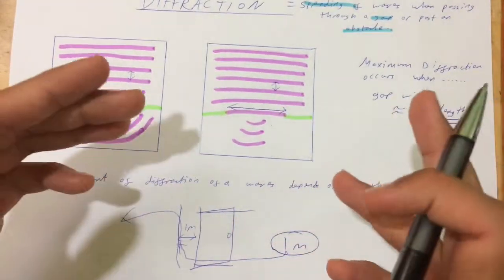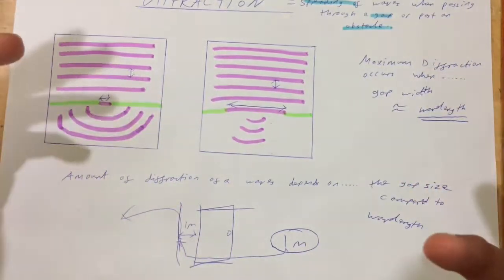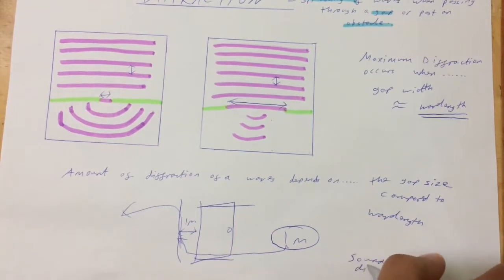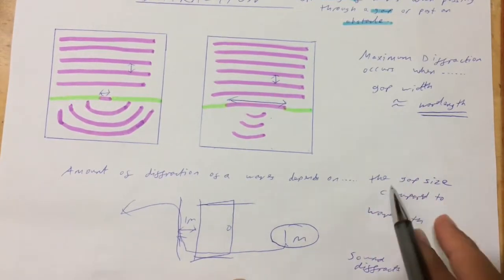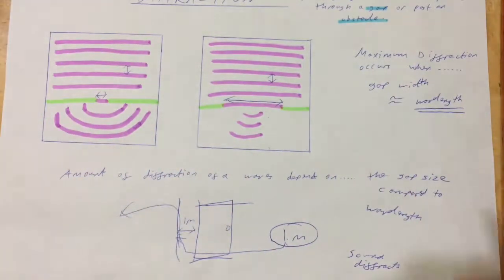That's how, if you have a door open, you can hear sound from elsewhere in the area, because sound diffracts due to the similarity between its wavelength and the gap width.